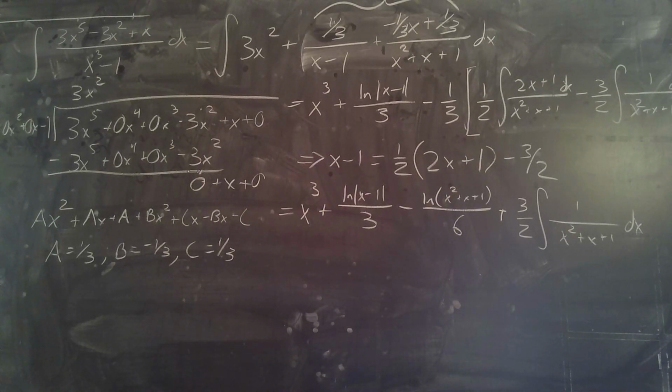This should kind of make you think of like arctangent, for example. And the reason is if I can make this say 1 plus something all squared, then this will evaluate as the arctangent of something. And then we'll have some like other constants on there at the front that I don't know yet. But I think we can do that by like completing the square for that x squared plus x plus 1 thing.